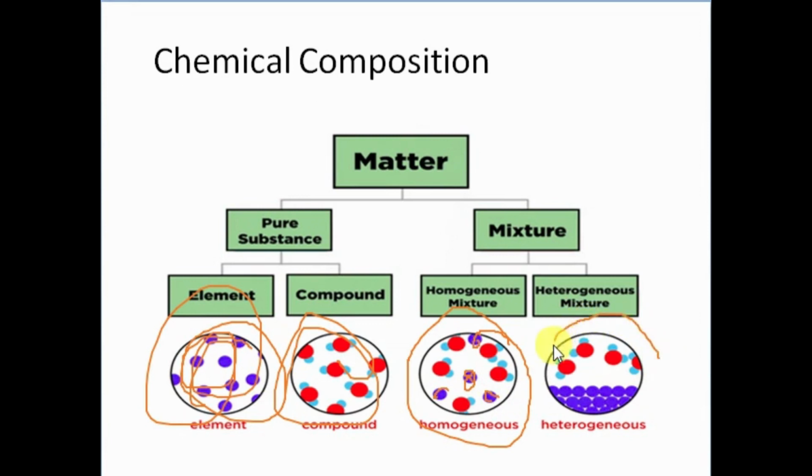In a heterogeneous mixture we also have certain impurities present, and it is also a combination of two or more different elements or compounds. So this was the broad classification of matter: pure substance, mixture, and then elements and compounds.